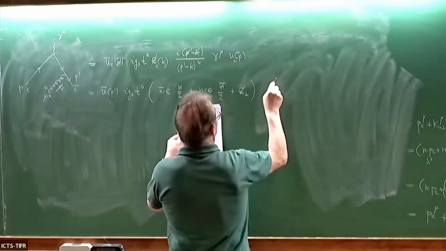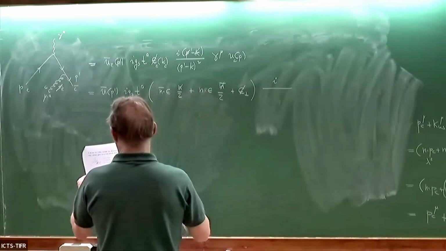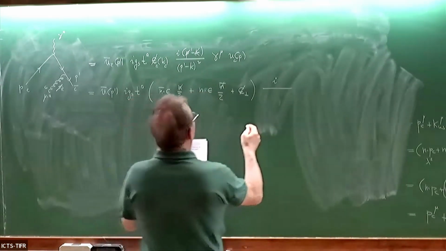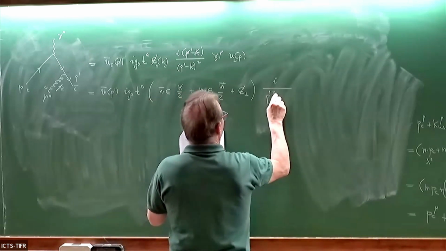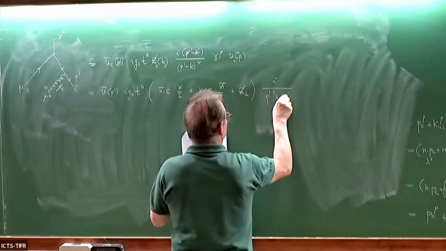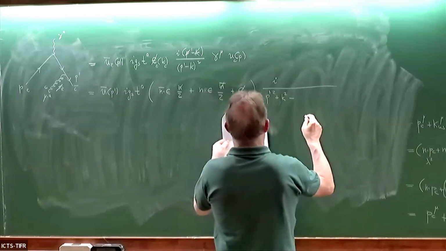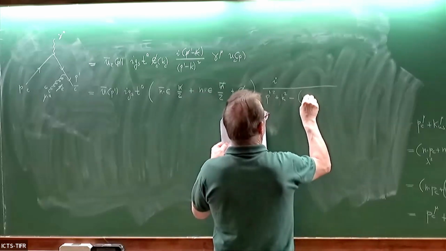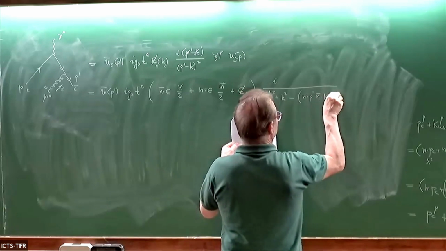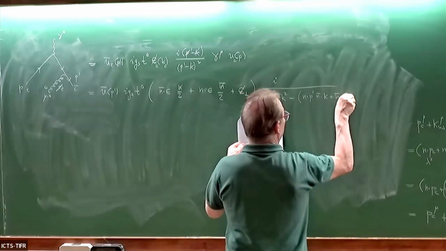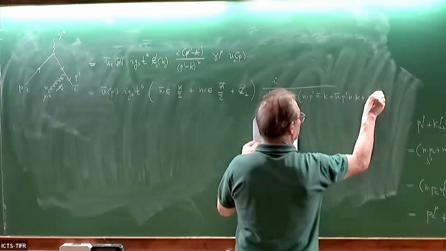In the propagator, I can write the denominator as P prime squared plus K squared minus 2 P prime dot K, which is n dot P prime n bar dot K plus n bar dot P prime n dot K plus 2 P prime perp dot K perp.